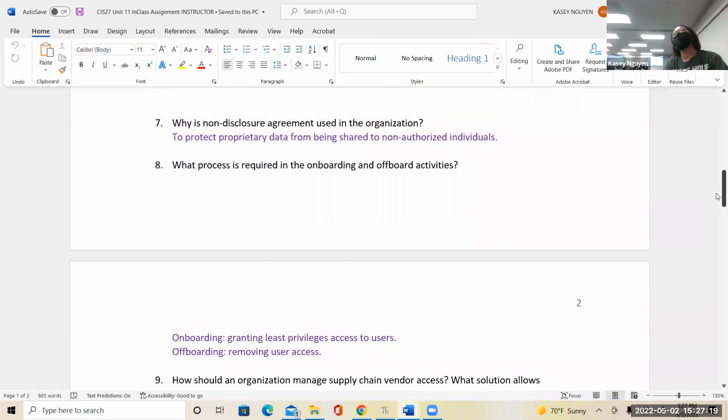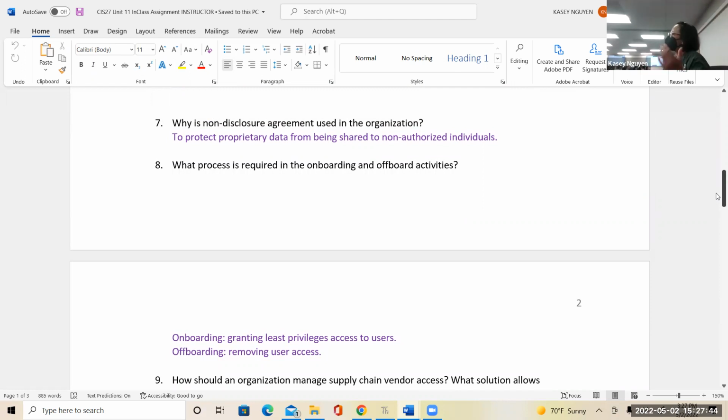Okay, so when you hire the employee, part of our task in IT and security is two things relating to onboarding and offboarding. When you onboard someone, you make sure that their user accounts and information exist in the system. So you add the account to the server, and you tie that account to the privileges.